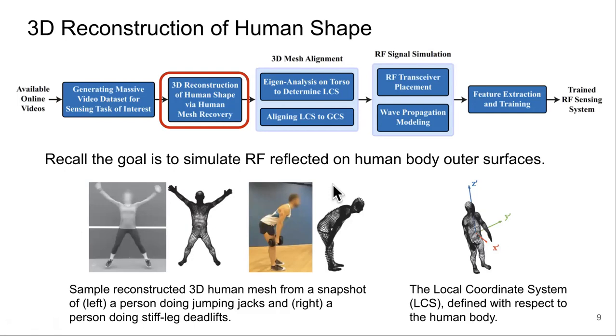There are points in the mesh, 3D vertices, and the local coordinate system, or LCS for short, defined with respect to the human body, where X points to the front of the person, Y points to the person's left, and Z-axis points upward.